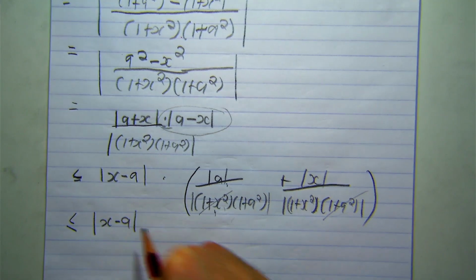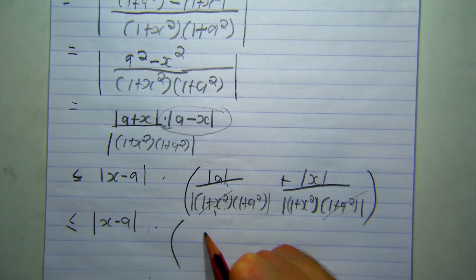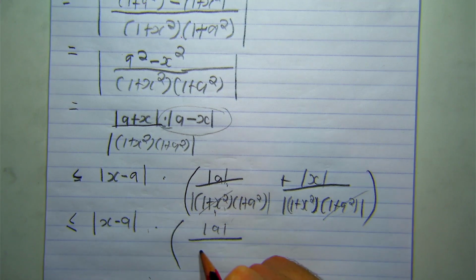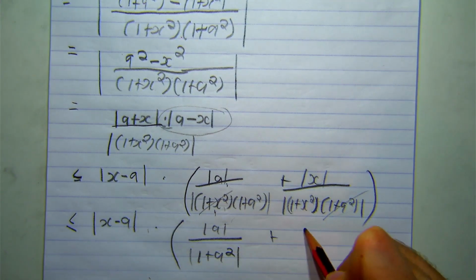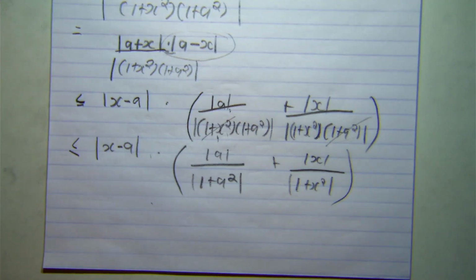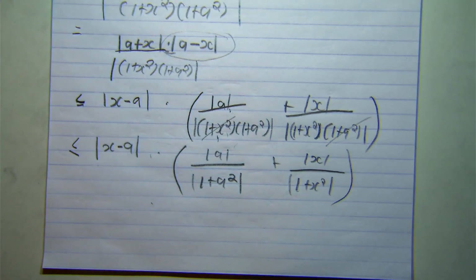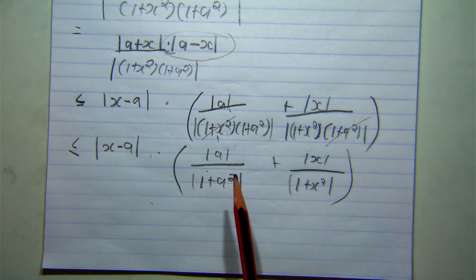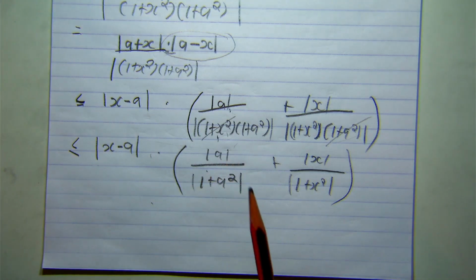So just to write that in, we have that. And then the absolute value of a divided by 1 plus a squared, that is always going to be less than or equal to 1, regardless of what a is.